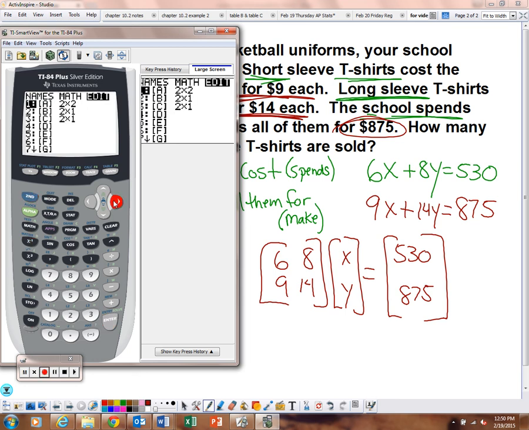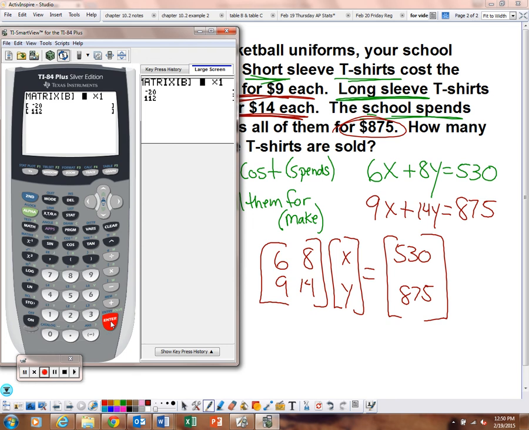Back to Edit. Pick matrix B, 2 by 1. Put in 530, 875. Voila, we're set. Quit. Go back to your matrix, pick A, hit the inverse button. Go back to the matrix, pick B, hit enter, and there's our answer.